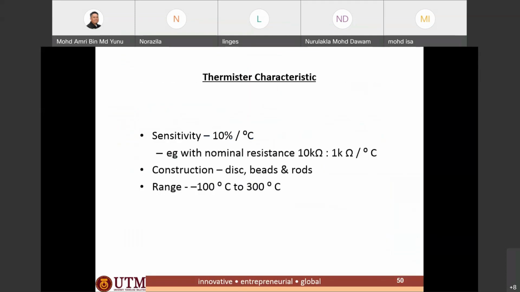And the characteristic, the sensitivity, is very high, measured in resistance per degree Celsius. The construction is based on beads and rods, but the range is often limited to between negative 100 degrees Celsius and 300 degrees Celsius.